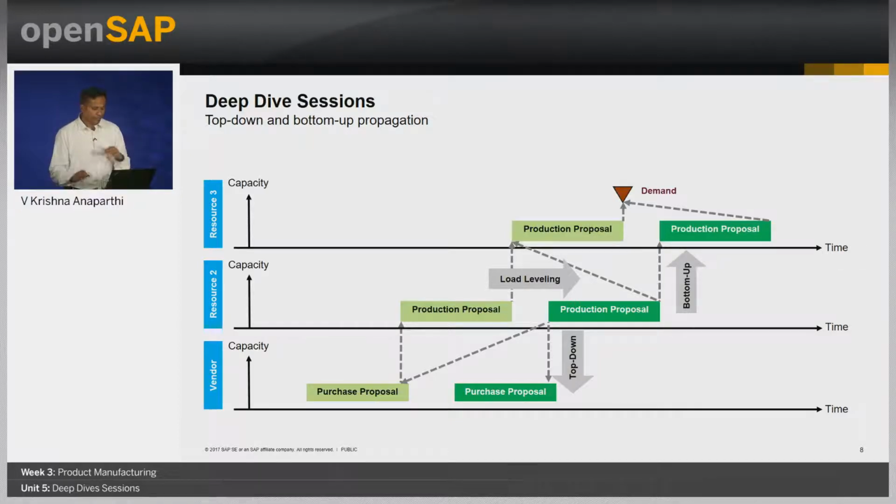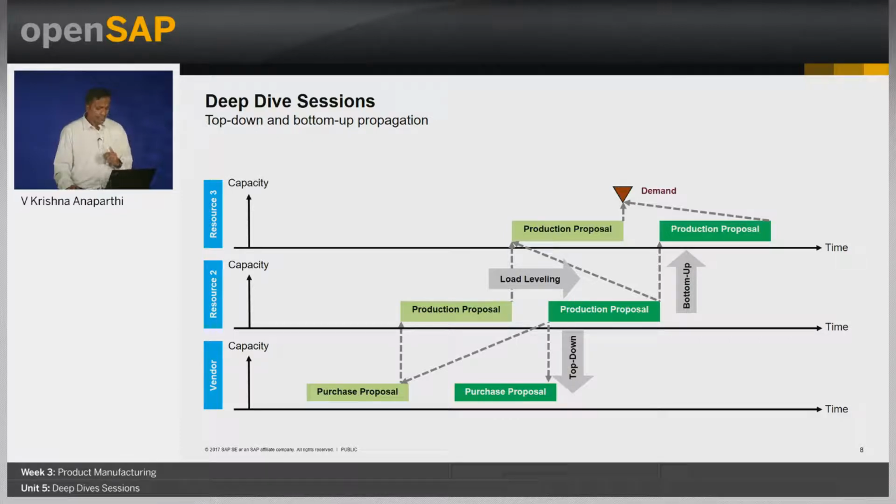If you look at this diagram, we have a production proposal, which got generated from another production proposal. Let's say this is made up of cartridge, and the cartridge proposal has a dependent proposal here, and this proposal has a further dependent proposal called a purchase proposal.